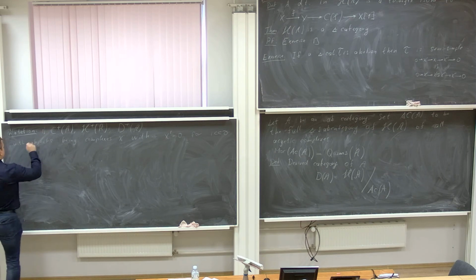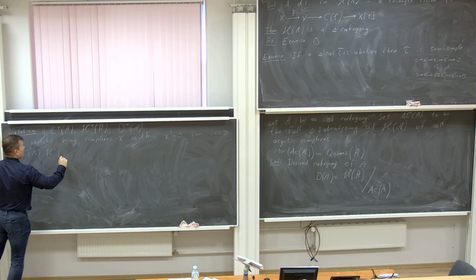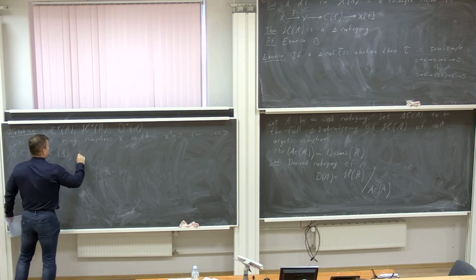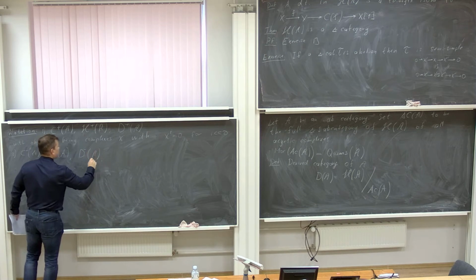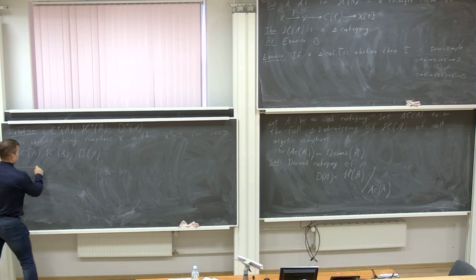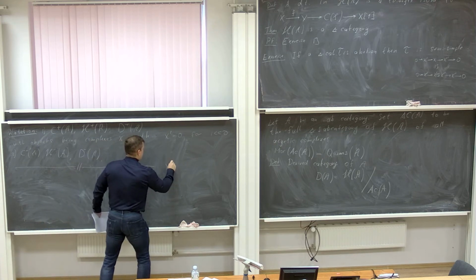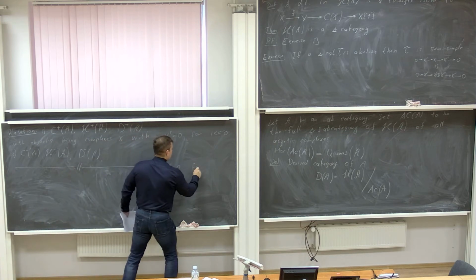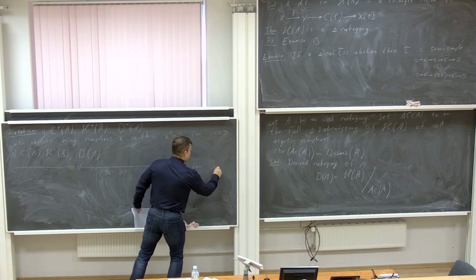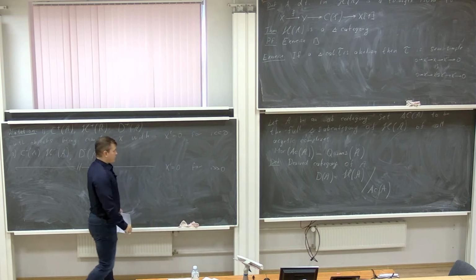So this is the first, and of course you can define C minus of A, H minus of A, and D minus of A. By saying the same words, except now the condition is that X^i is 0 for all indices sufficiently large and positive.